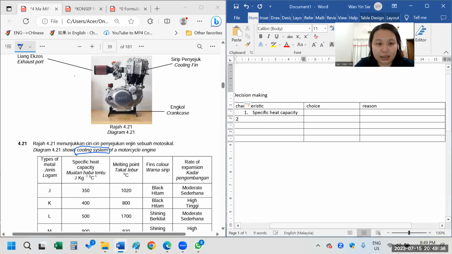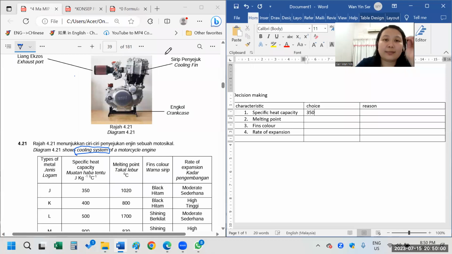Okay, then second, I think all of you know, melting point. That means next number 4, the rate of expansion. Okay, so answer is 350. Am I correct?